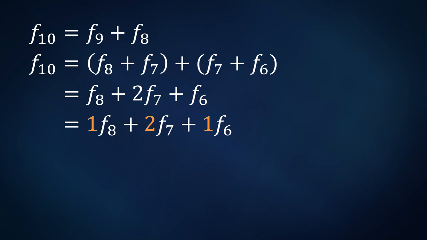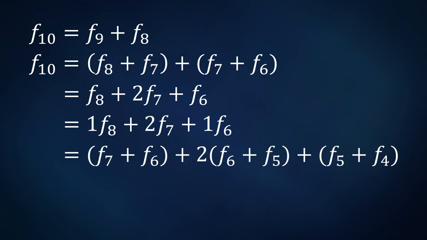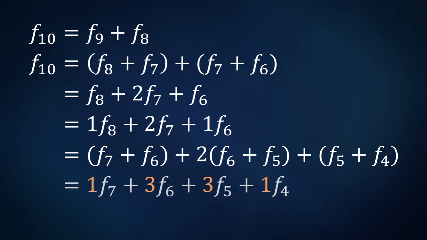If we apply the leapfrog rule to each of these terms, for instance, if I replace f8 with f7 plus f6, and f7 with f6 plus f5, and so on, we now get f7 plus f6 plus 2 times f6 plus f5 plus f5 plus f4. And that's equal to 1 f7 plus 3 f6 plus 3 f5 plus 1 f4. And those coefficients are 1, 3, 3, 1.